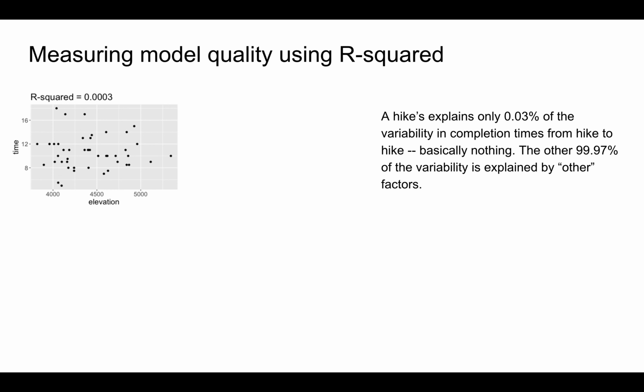At the other end, a hike's elevation explains only 0.03% of the variability in completion times from hike to hike. Or basically, knowing the elevation of a hike really doesn't tell us anything about how long that hike might take to complete.